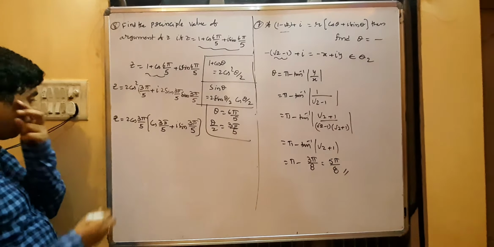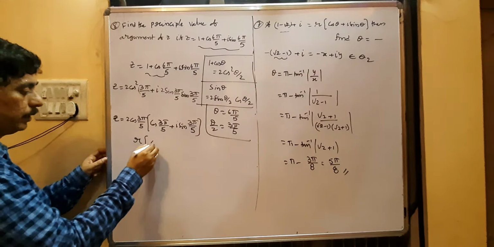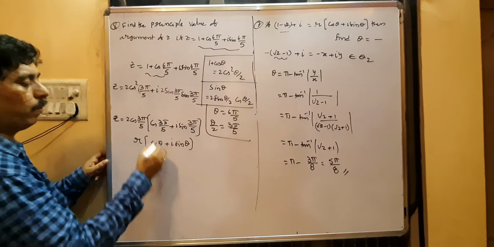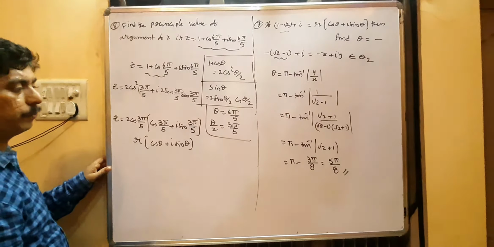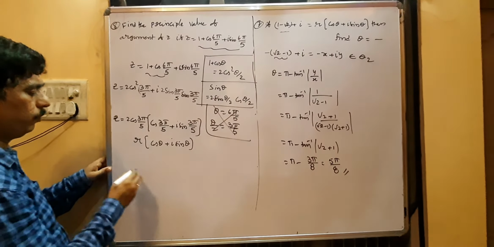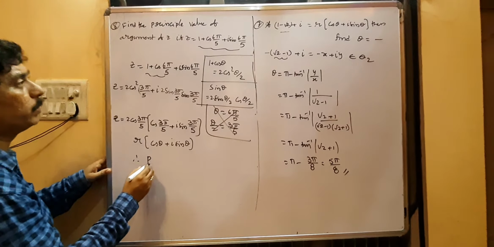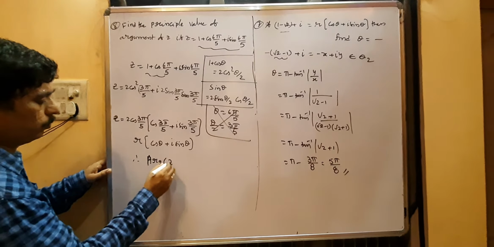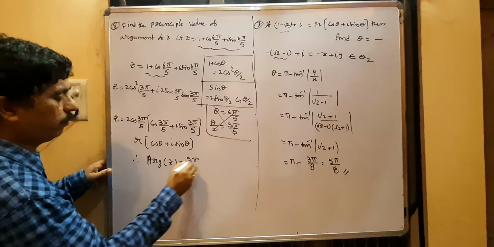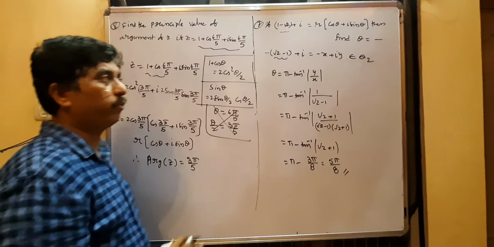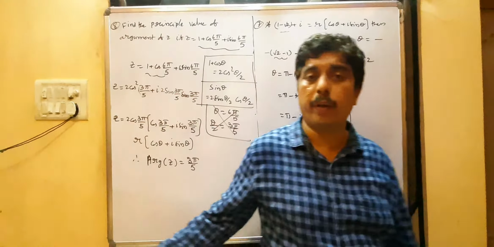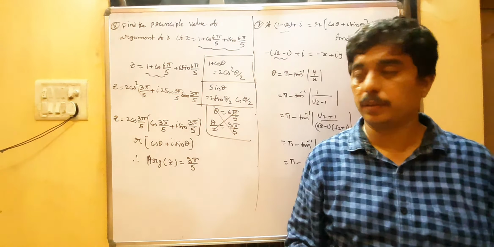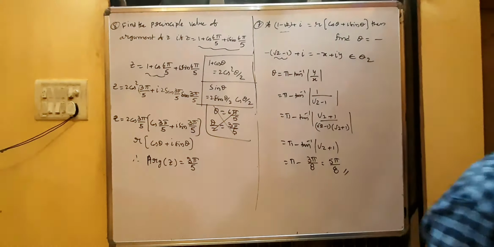So this is in the form of r into cos theta plus i sin theta. What is theta here? 3 pi by 5. Therefore the principal amplitude, the argument of z, is 3 pi by 5. This model is to find the argument and polar form. Next you can see the next model problems. Copy this first.